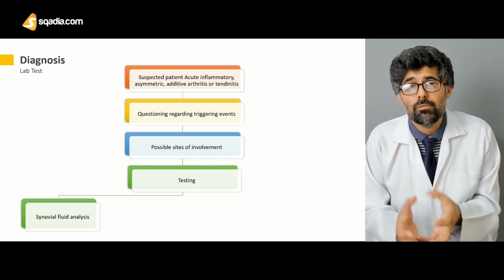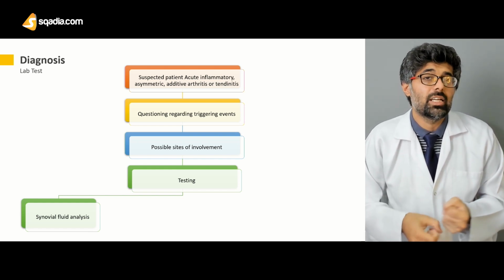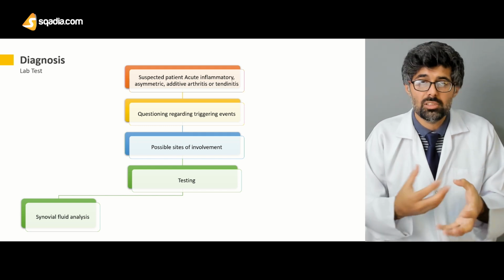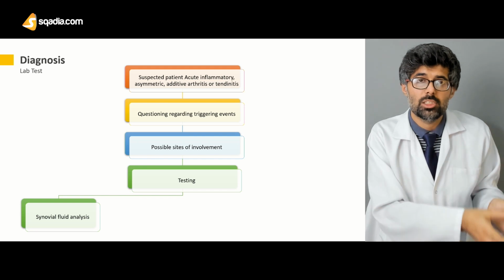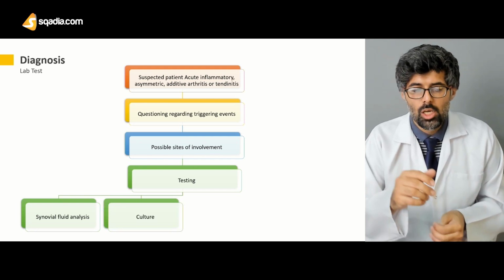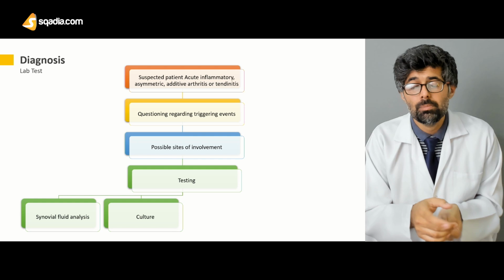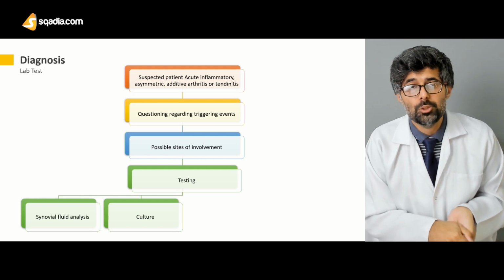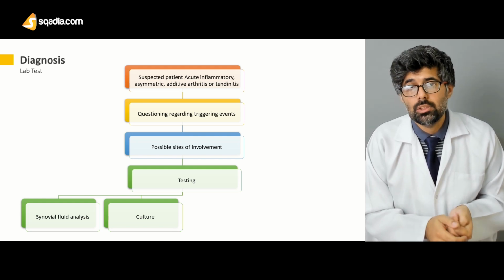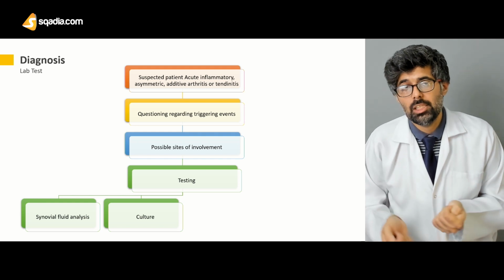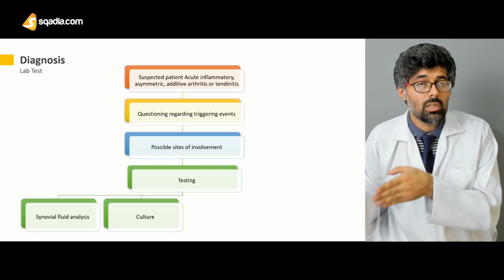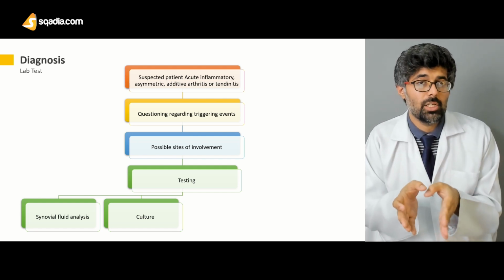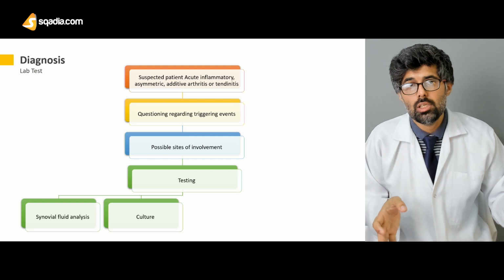it will only tell you that the patient is having synovitis, that is, some kind of inflammation going on in that synovium. You can also perform a culture of that synovial joint, and through culture and sensitivity testing, you can find out which bacteria is affecting the patient.